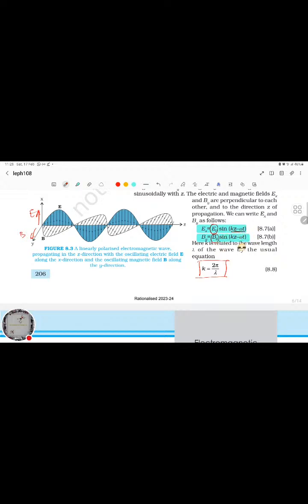They are moving in the same phase, kz minus omega t. Z implies that they are moving in the z direction. The minus of omega t implies they are moving in the positive z direction, and if it was plus omega t, it would be moving towards the negative z direction. So basically the negative sign implies that it is moving away from the source. That's what it signifies physically.